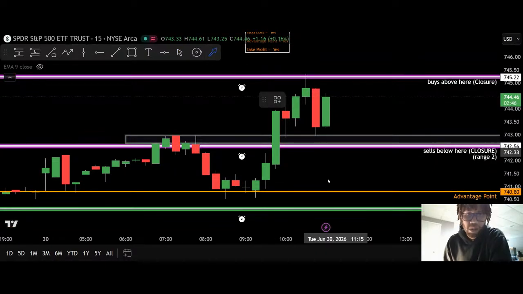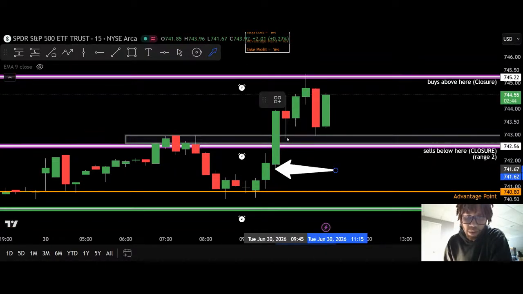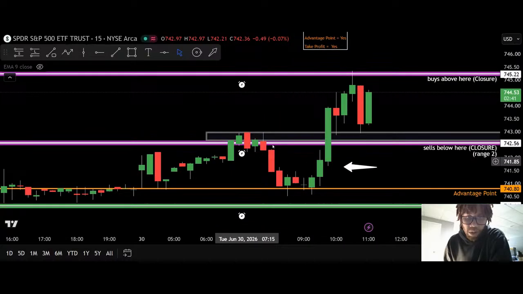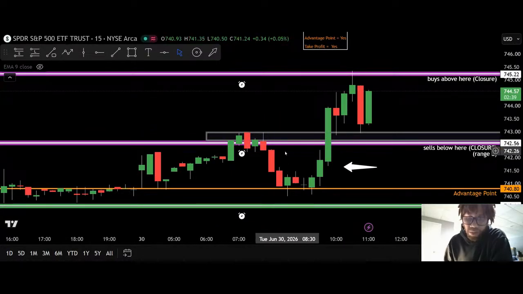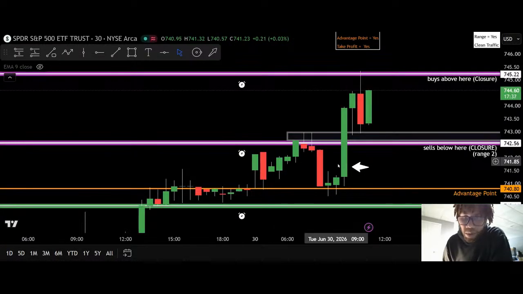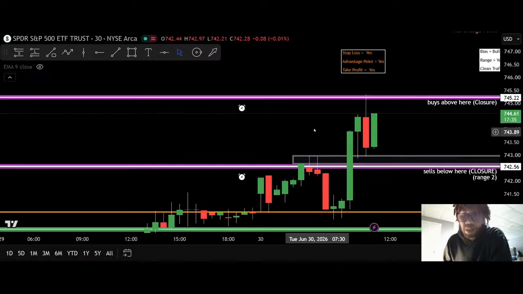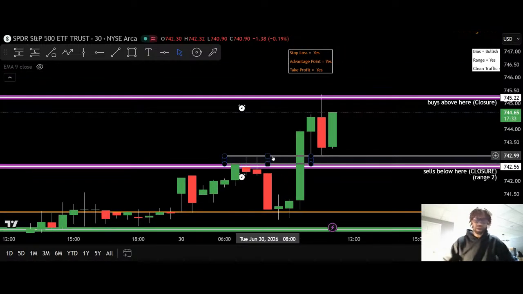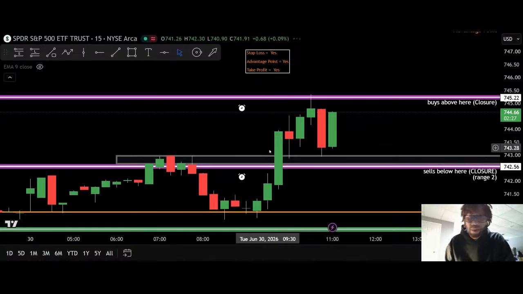We really just got this strong push up here at the open. Granted, we did have clean candles here to the left. And that's about it.